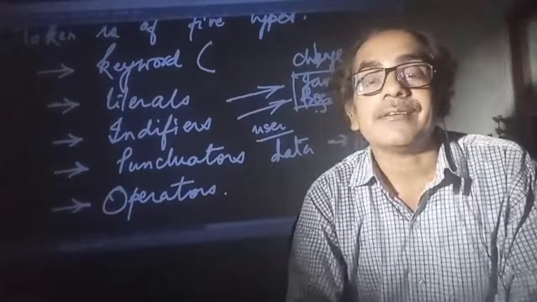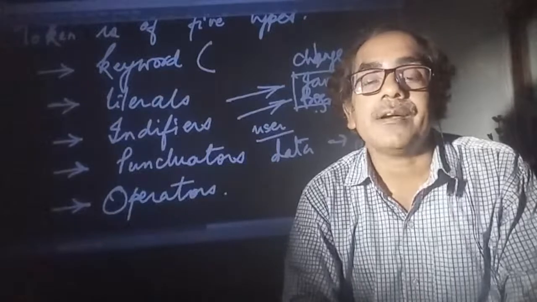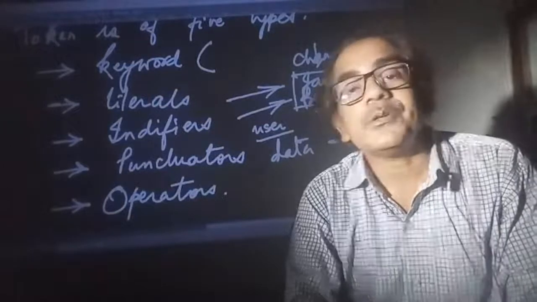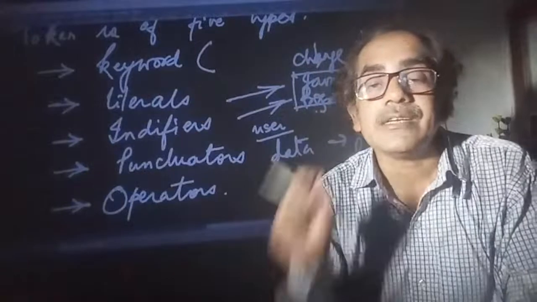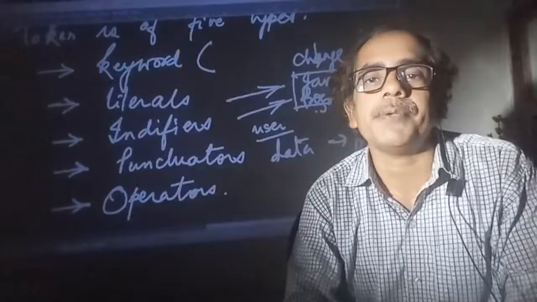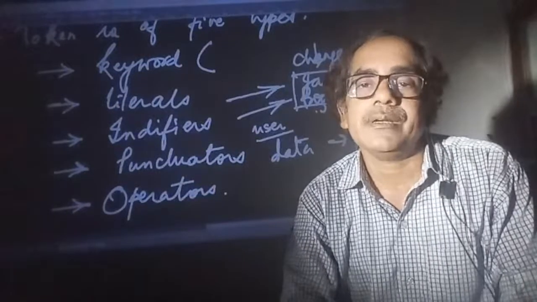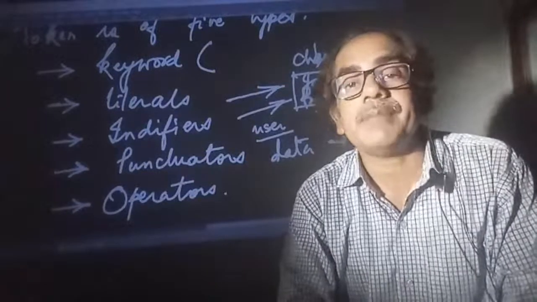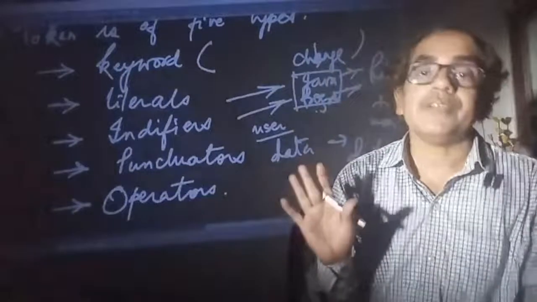Less than is for showing the relation of less than. Whatever symbol represents a certain data processing operation in the computer is called an operator. So these are the 5 tokens.